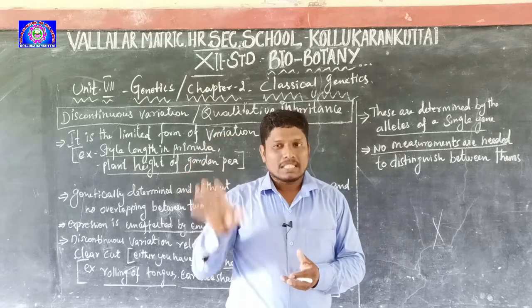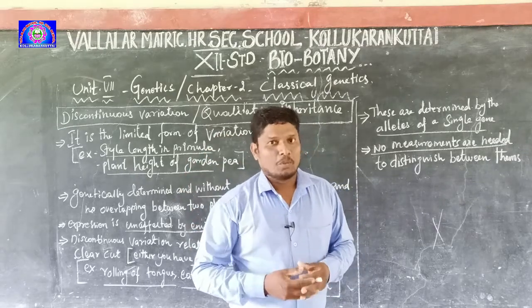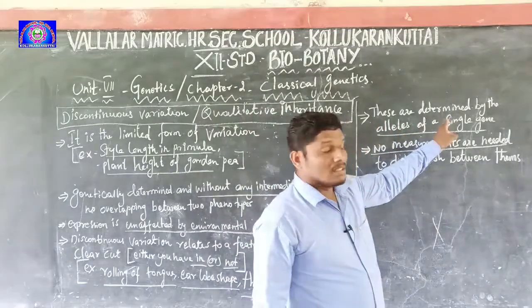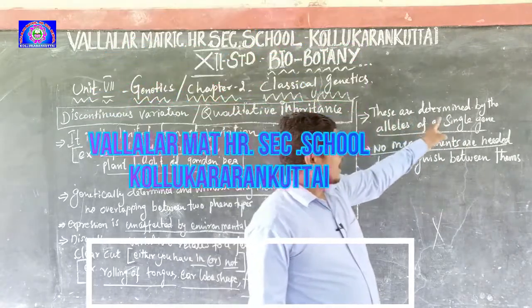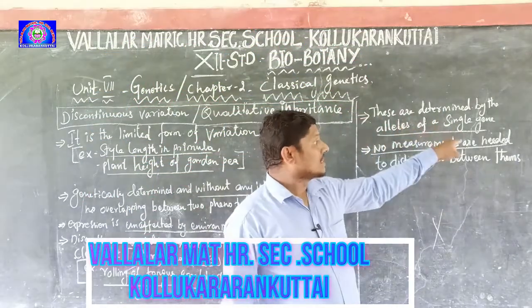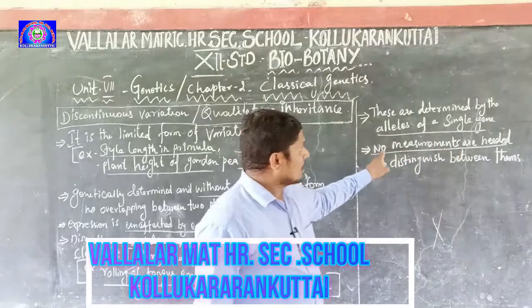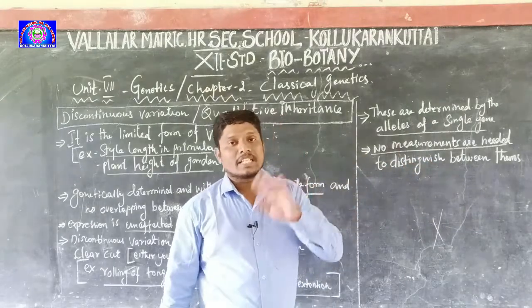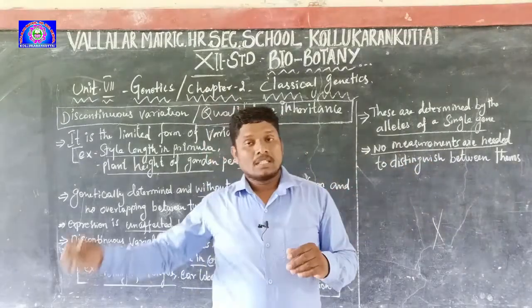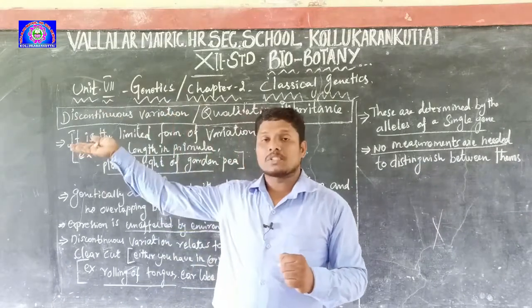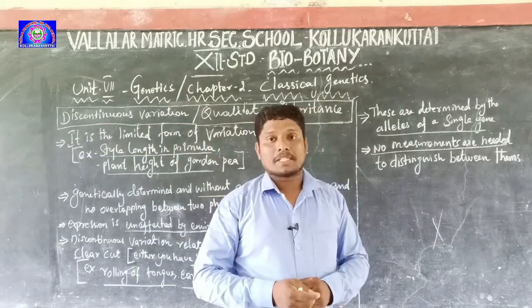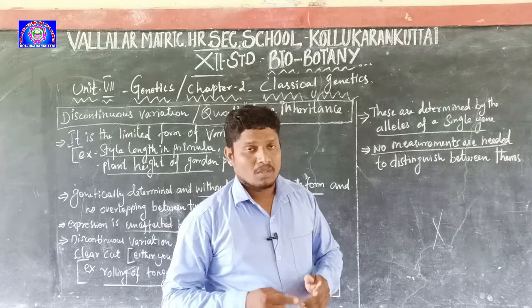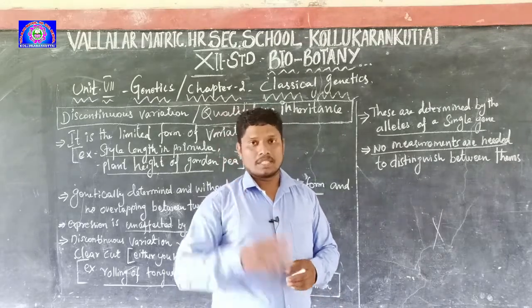That type of form is called allelomorph. So discontinuous variations are determined by the alleles of a single gene. Then no measurements are needed to distinguish between them. In discontinuous variation no measurement is needed, but in continuous variation statistical measurements are needed. I already told you: average, mean, median, coefficient. Okay, students, thank you.